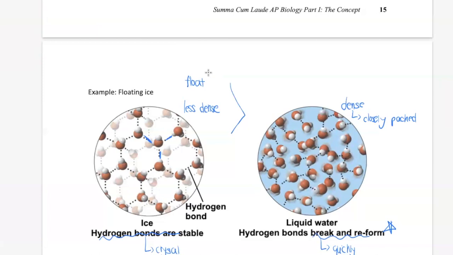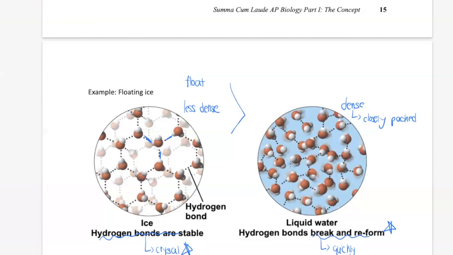But for ice, things are spaced apart because hydrogen bonds can no longer form and break; they're jailed in this crystal structure. So they're very stable. This makes ice less dense, thus floating on liquid water.